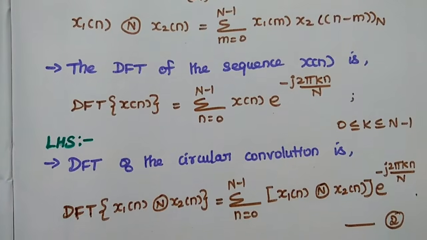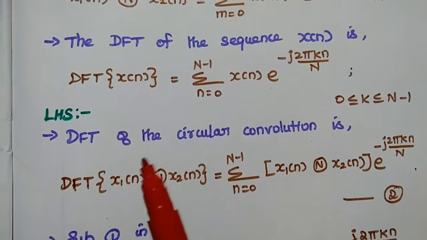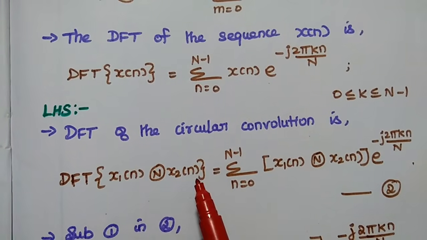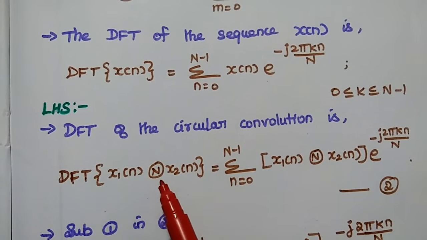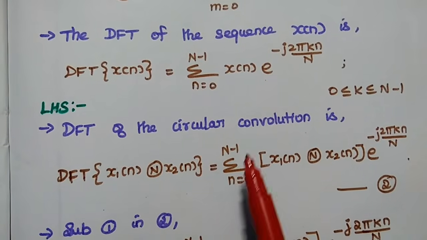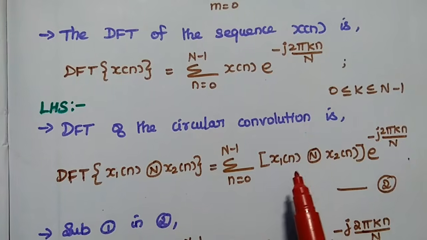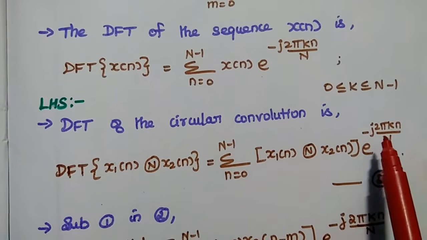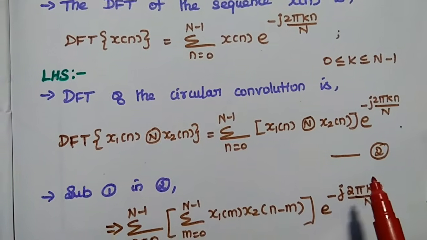Next we take the left hand side of the given property, that is the DFT of the circular convolution of two sequences, given as DFT of x1 of n circular convolution with x2 of n, equal to summation n equal to 0 to N minus 1, where x of n is replaced with the circular convolution of these two signals, into e power minus j 2 pi k n by N. Consider this as the second equation.